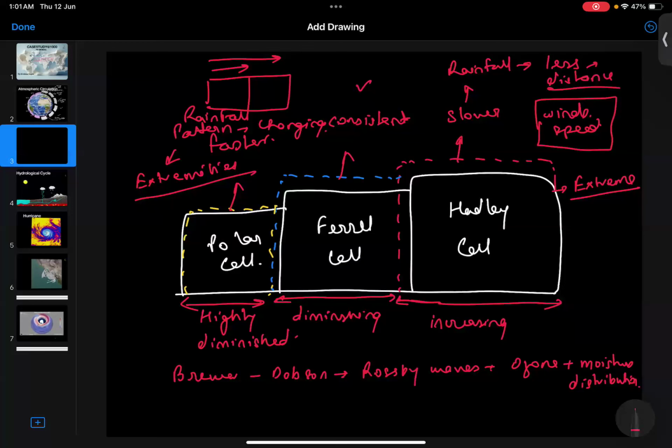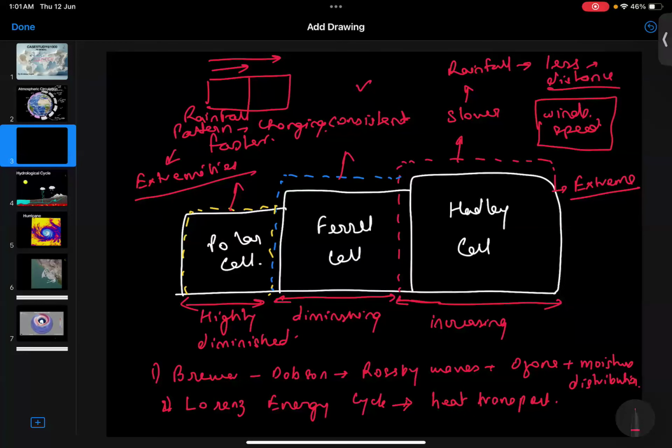Now, in the second part, we can also see here that there is the Lorenz energy cycle, which is basically linked with the heat transport. Now, in the third part we can see there is also a component of Coriolis force and geostrophic winds.